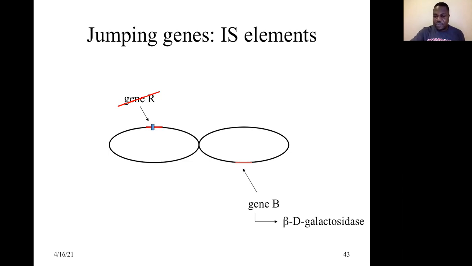Gene B now starts producing a different enzyme that it was not producing before, and gene R starts producing a completely different, new enzyme.